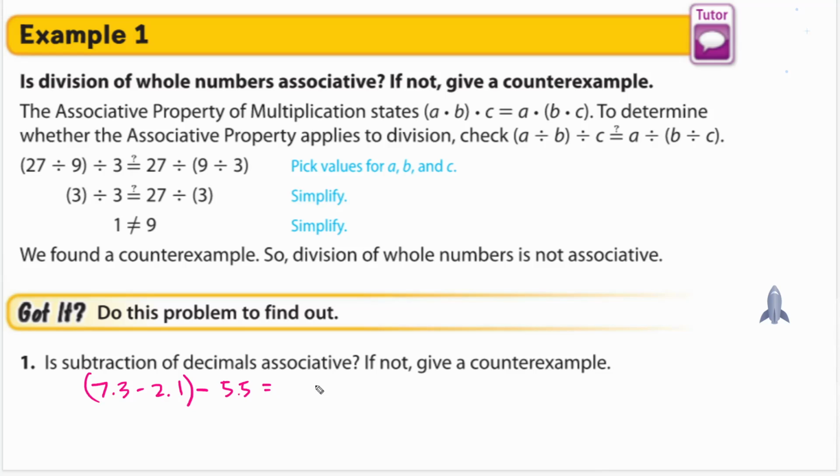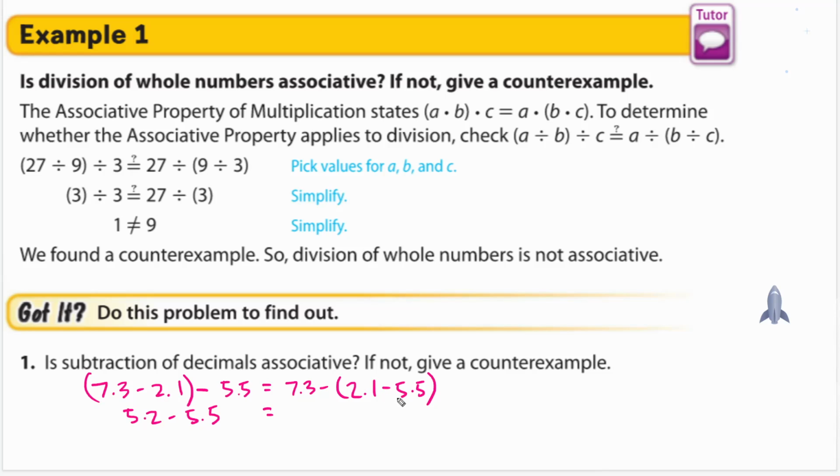Is that going to equal 7.3 minus 2.1 minus 5.5? Well, 7.3 minus 2.1 is 5.2 minus 5.5. So we're going to see if that's equal to this.